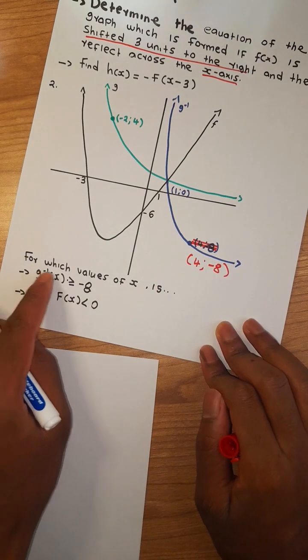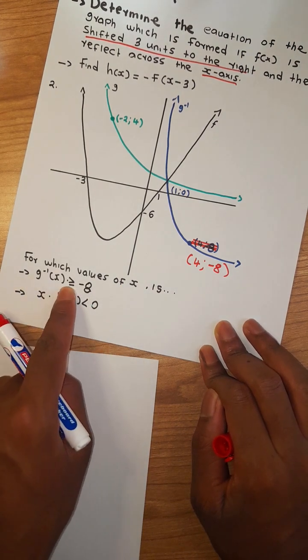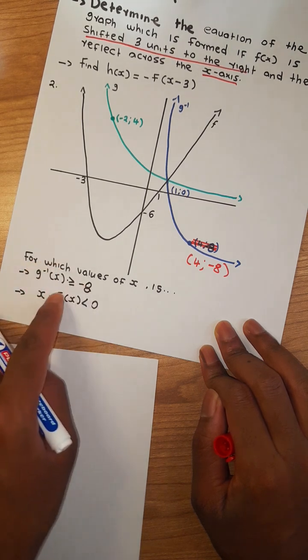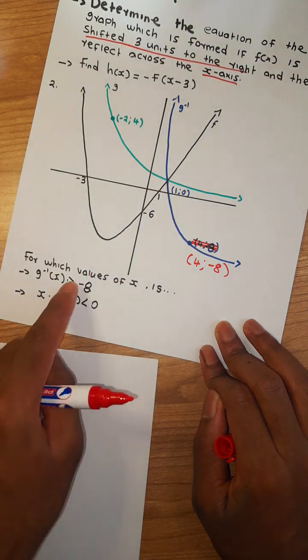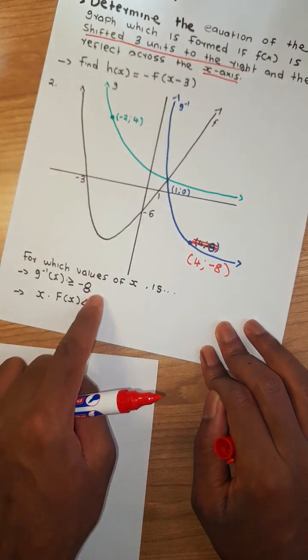They are asking for which values of x is g at x greater than -8. Where on the graph, in terms of x, when looking at the y value, is this function -8?